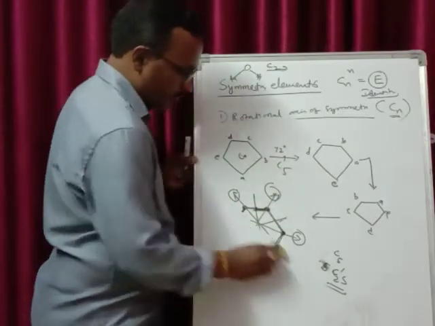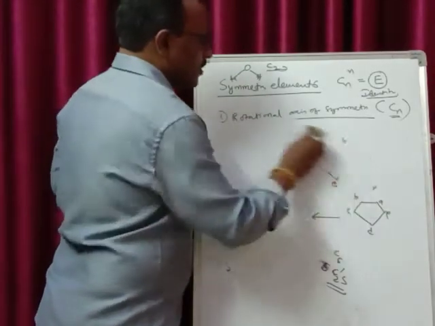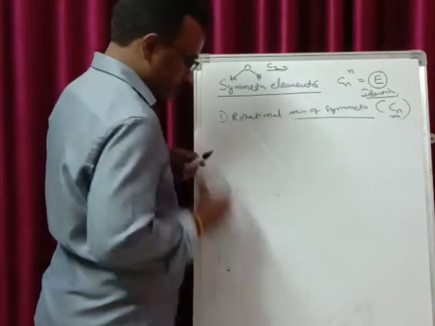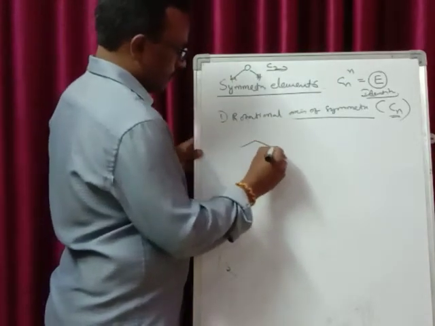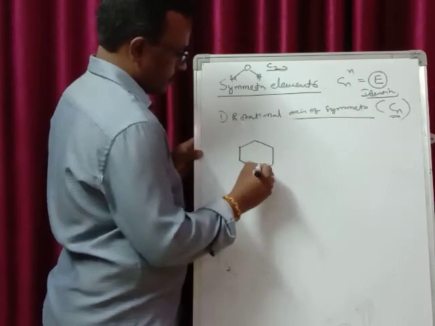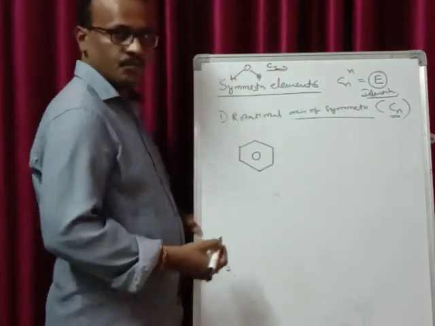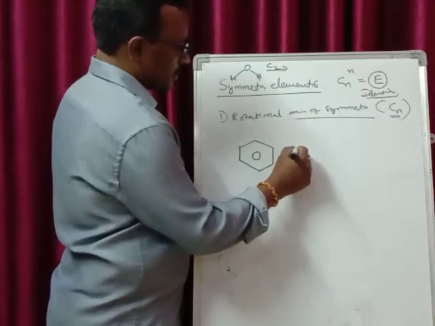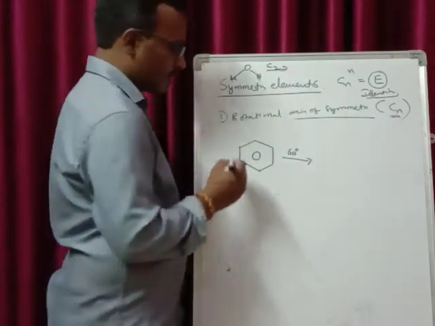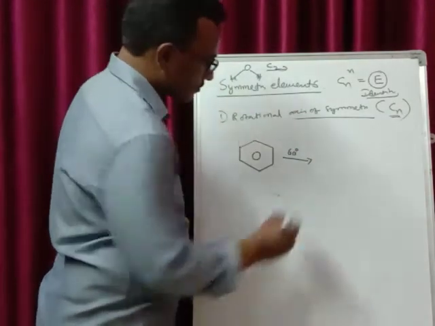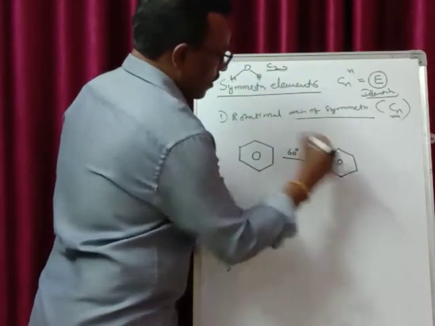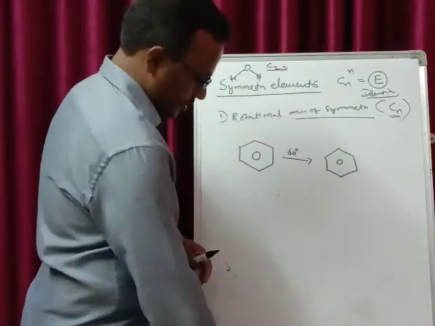And the last example we talk about for the rotational axis of symmetry is benzene. So in case of benzene, on rotation by 60 degrees, it will give you an equivalent structure.